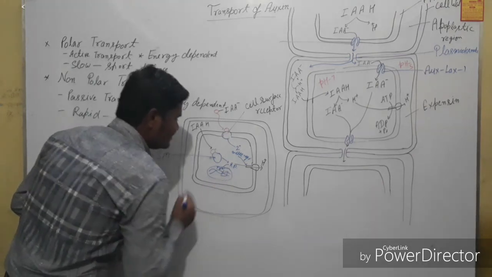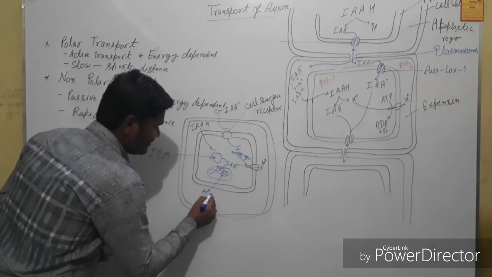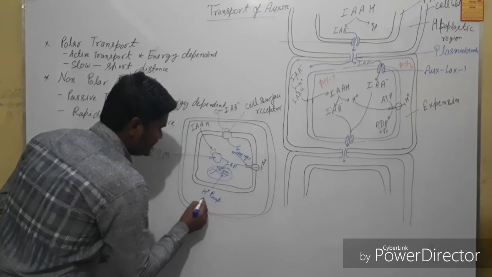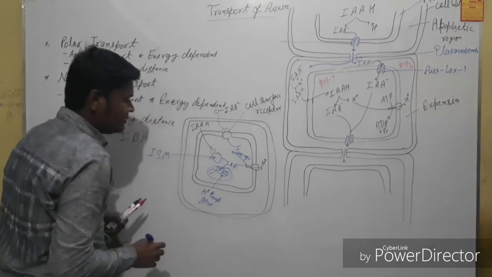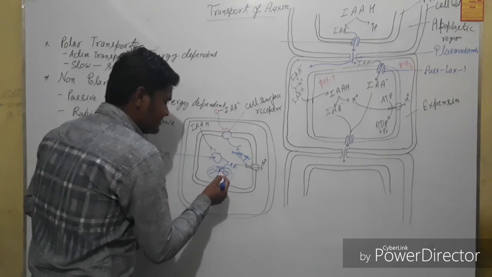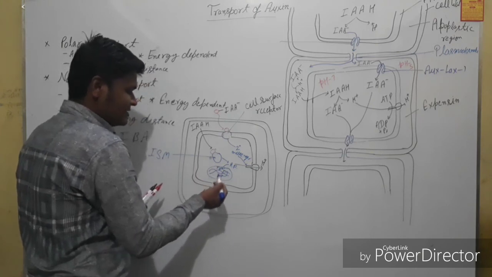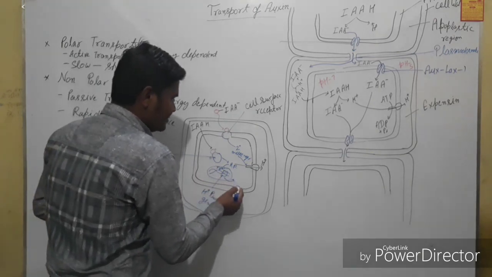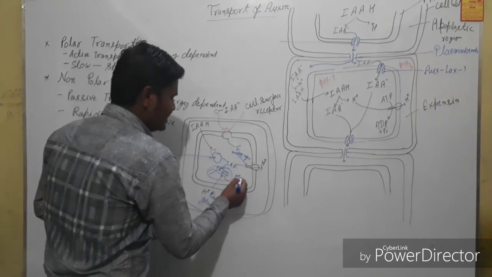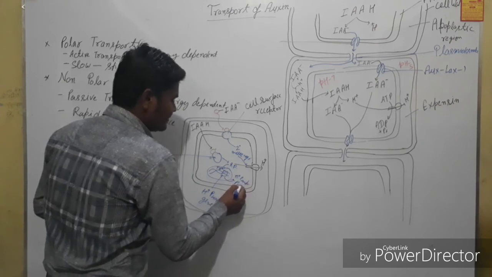Consider this is the hydrogen ion pump gene, and it is transcribed to form mRNA, and then the mRNA is translated to form the protein, the hydrogen ion pump protein.